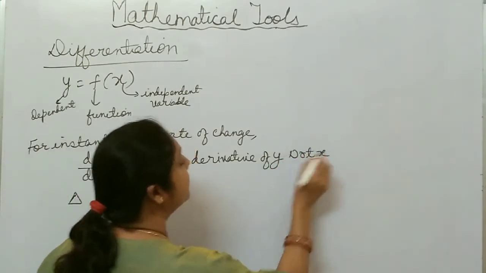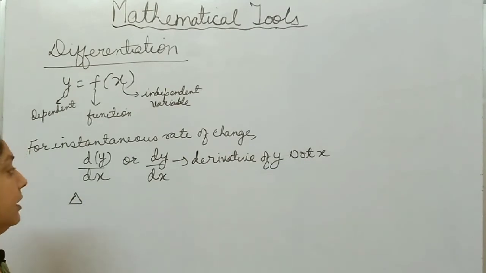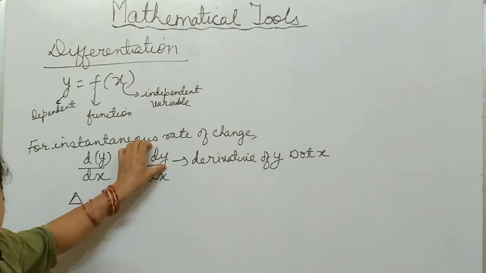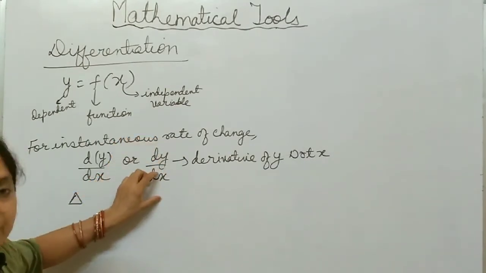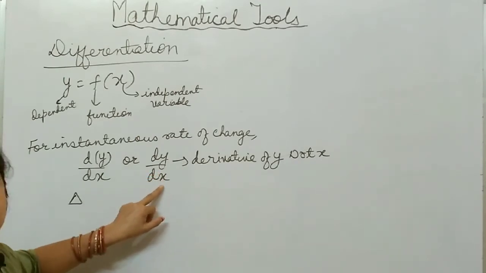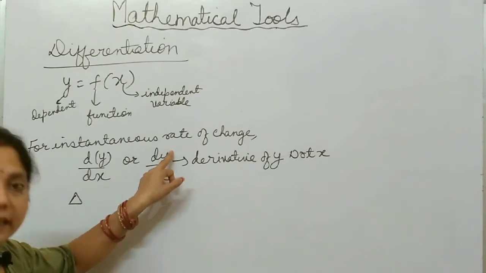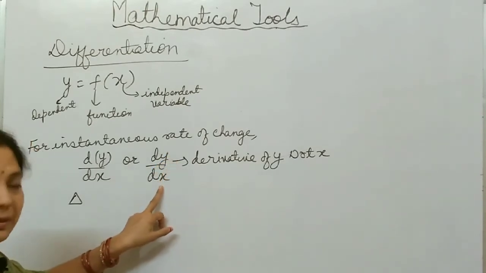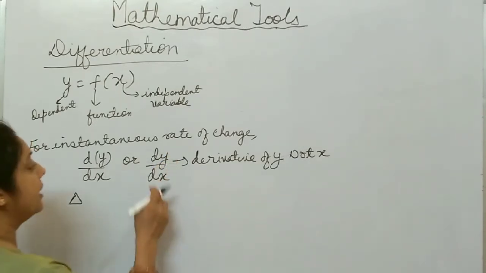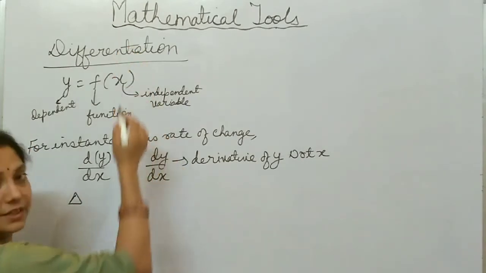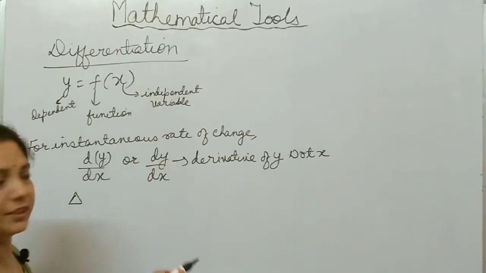It is related to the x variable. It alone does not exist. It always depends on some variable, and here x is the variable. And y changes with x. So x is the independent and y is the dependent variable. So dy by dx is the symbol of differentiation, and y is any function, right?